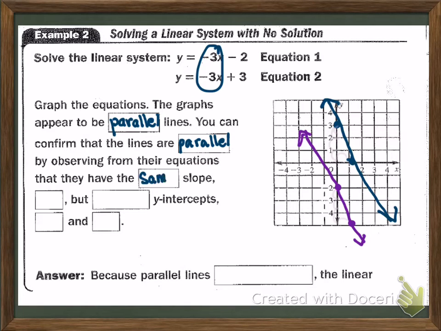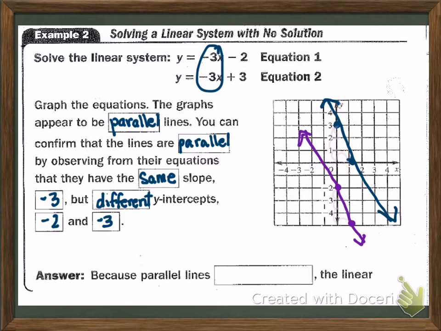And we learned in section 8.5 that parallel lines have the same slope. Their slope is negative 3. They do have different y-intercepts. Their y-intercepts are negative 2 and negative 3.